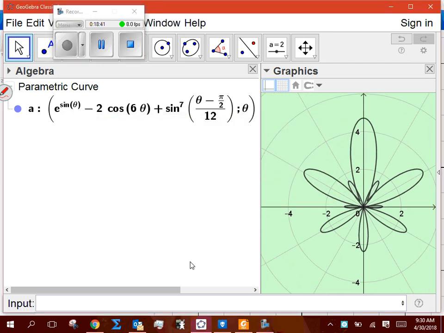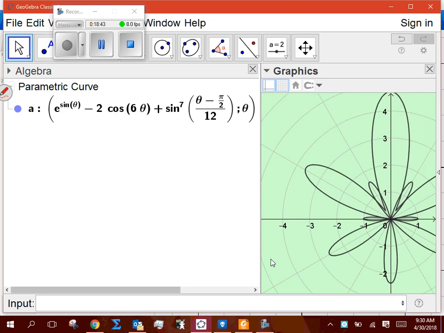So you can start to see some different types of curves that are created, and I don't even know if it's possible to change that into x's and y's. It'd probably be a very difficult task.